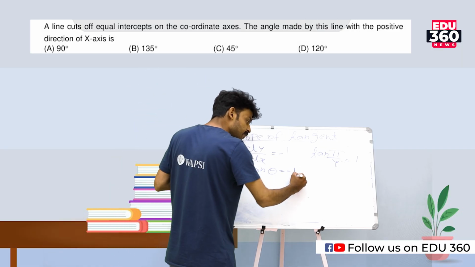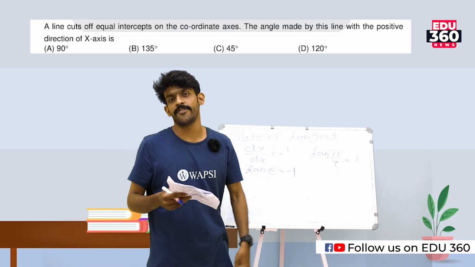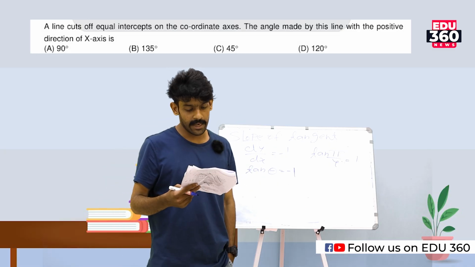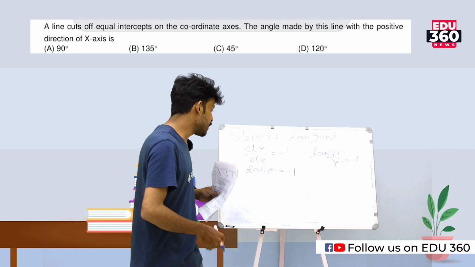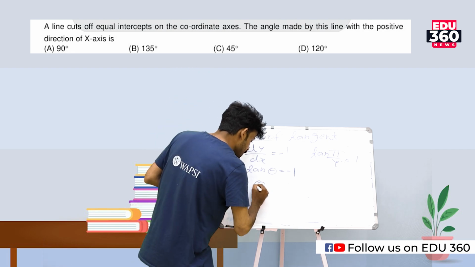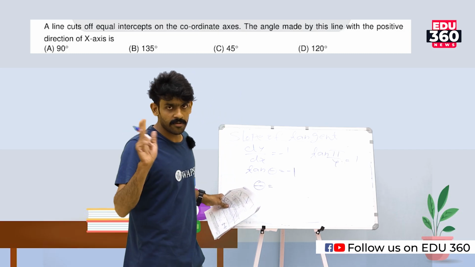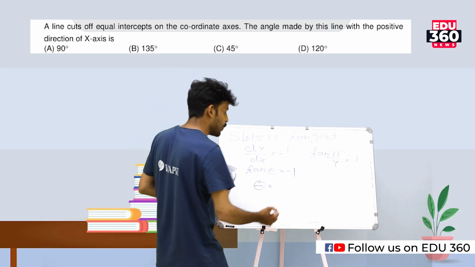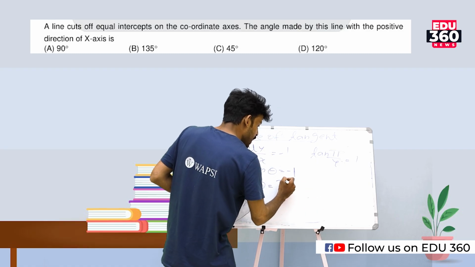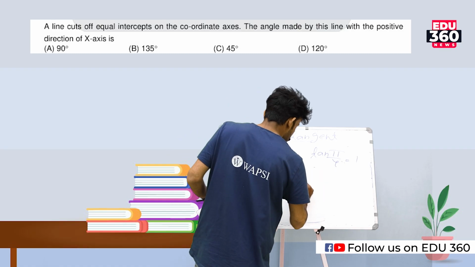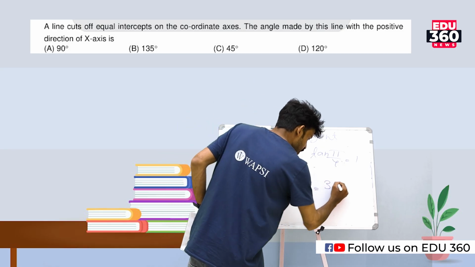In which quadrant is the trigonometric ratio tan negative? Tan is negative in the second quadrant. Tan and cot are positive in the third quadrant. For this one, we can write theta is equal to pi minus pi by 4, so that is equal to 3 pi by 4.